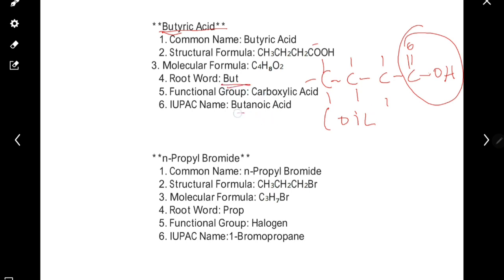So butan, butanoic acid. I hope this is very clear. Butyric acid is the common name and the IUPAC name is butanoic acid, because there is a carboxylic acid functional group attached to the very first carbon atom. So we don't have to give any number to it. It is simply butanoic acid.